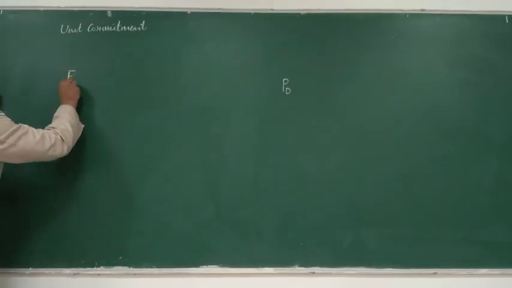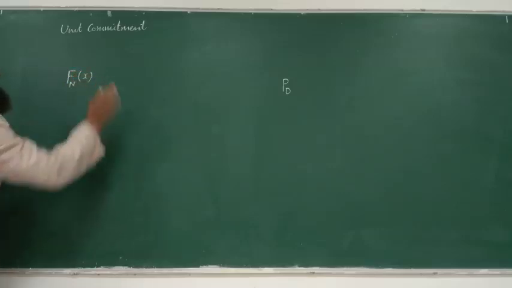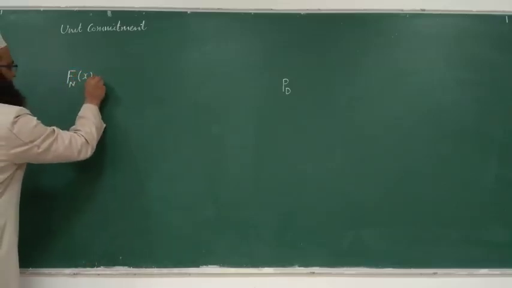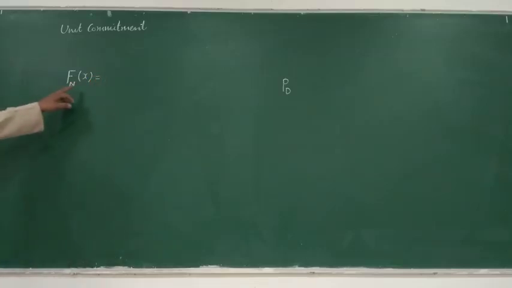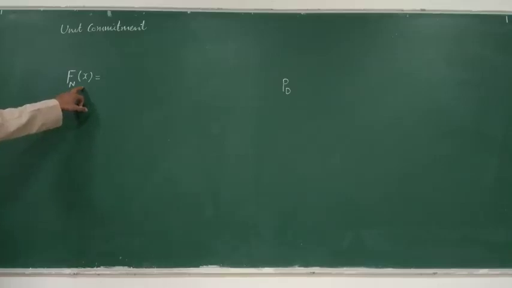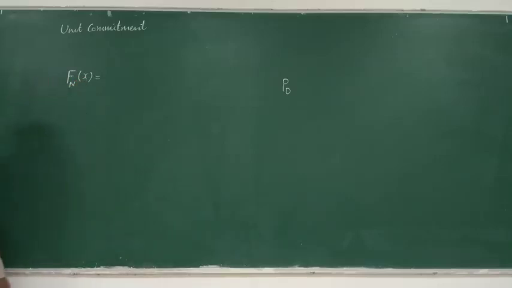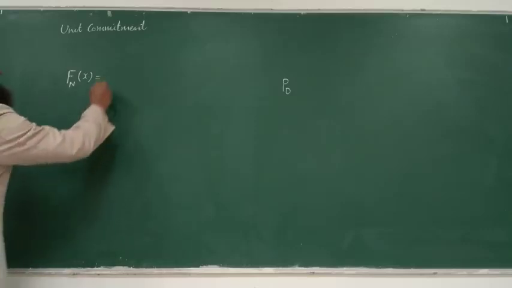Let us represent this symbol capital F(x). We will read it as the minimum cost of generating x megawatt by N units. What you wrote, I am writing here.